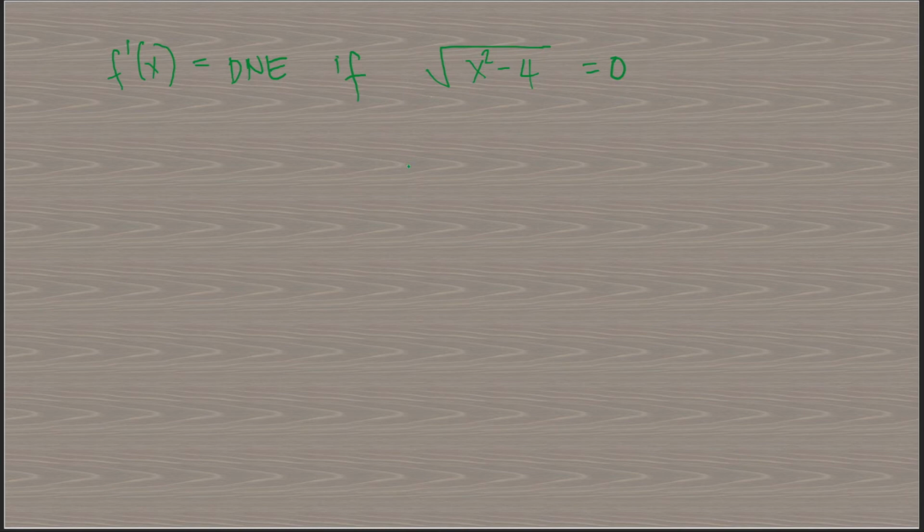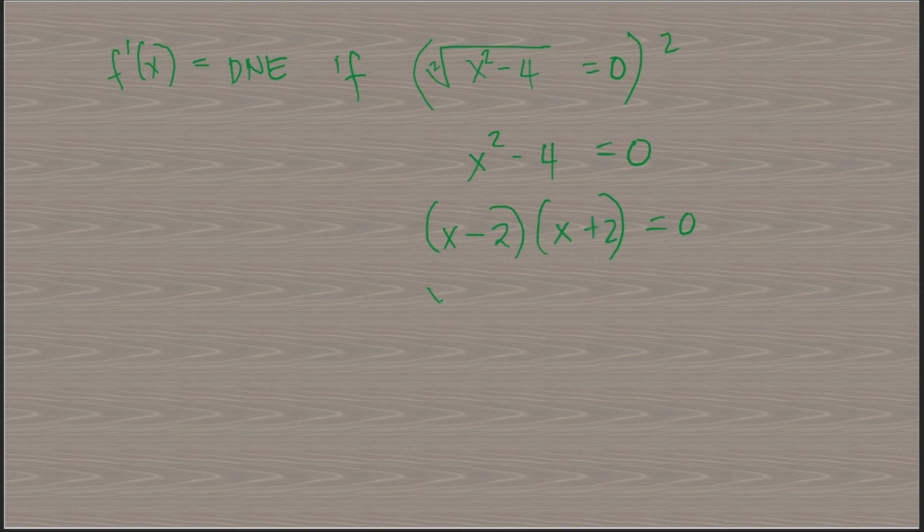How do we set that to 0? We will square this one, of course, because it's a square root, the index here is 2, and if we square that, the square root will go away. So x squared minus 4 and 0 squared is still 0, and we'll solve for x. Factoring, this will be x minus 2 and x plus 2.